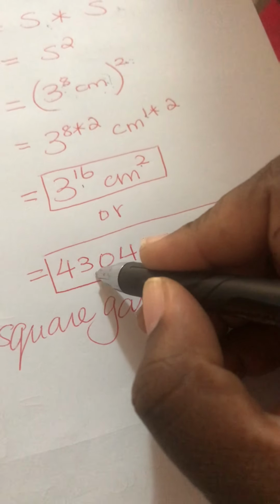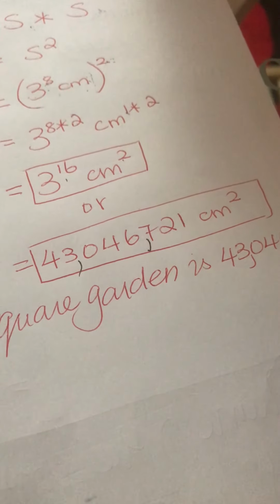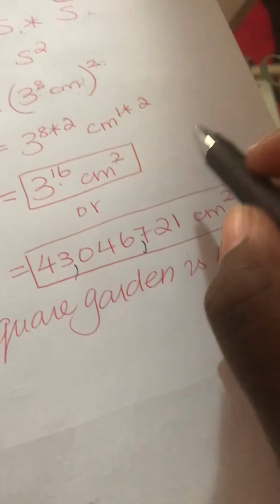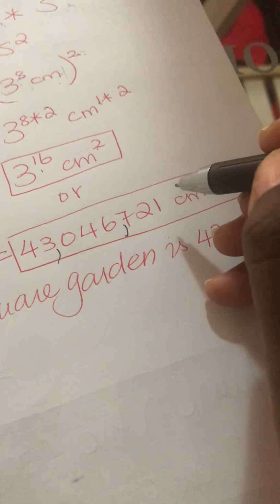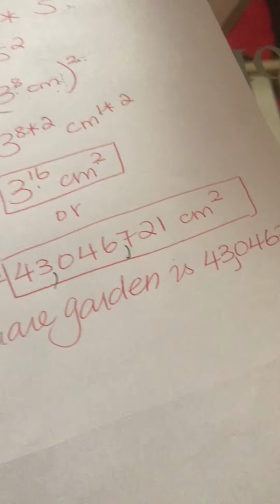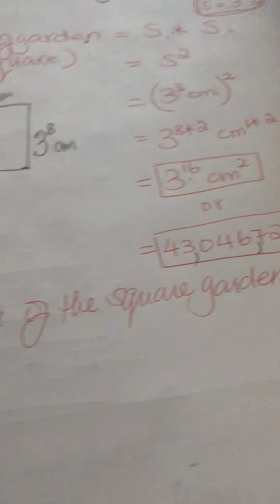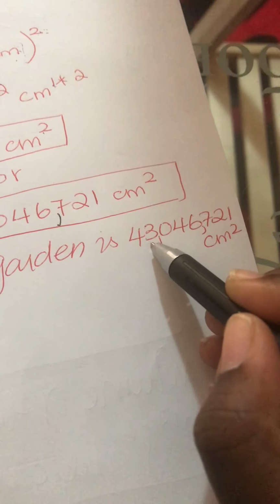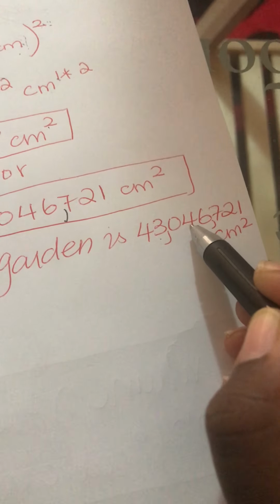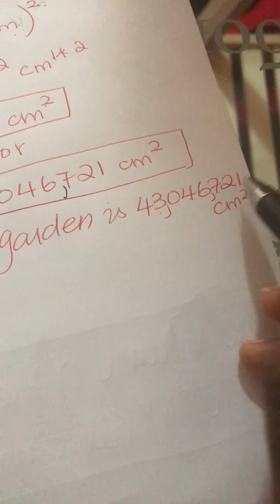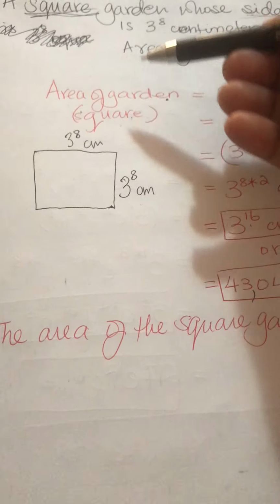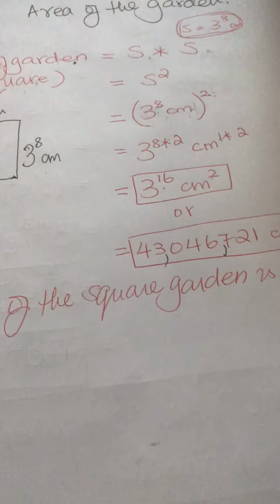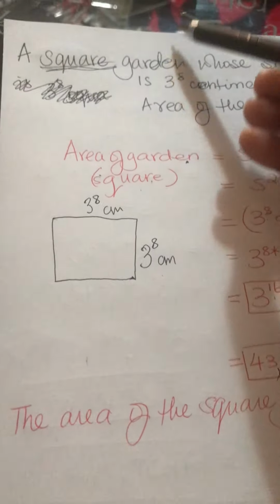Let's read it correctly: 43,046,721 centimeters squared. So the area of the square garden is 43,046,721 centimeters squared. And that is your answer completed together with the sentence.